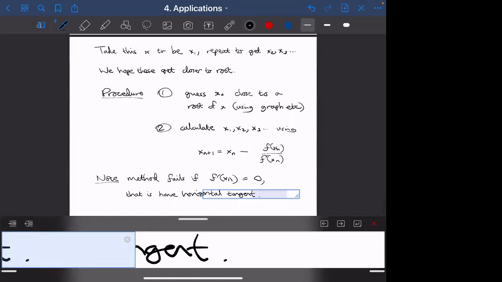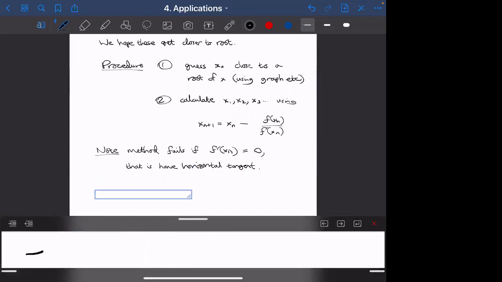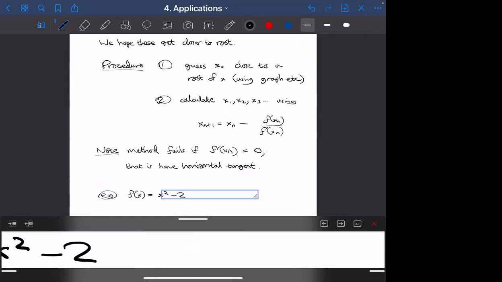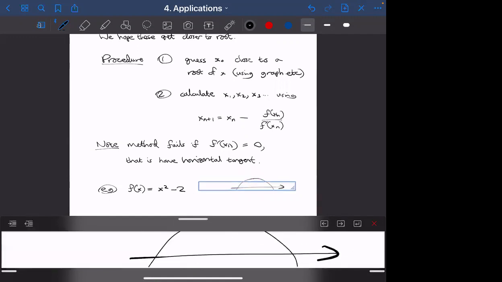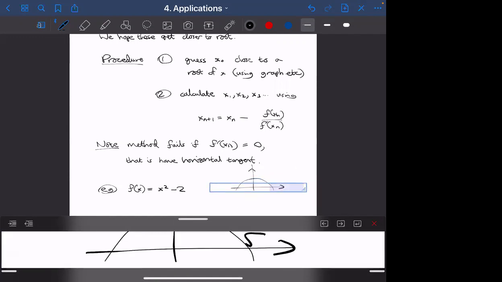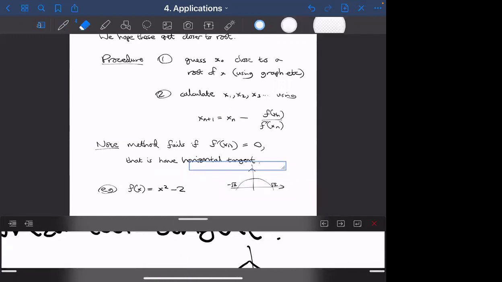So let's give an example. If I have f(x) is x squared minus 2, we know that this has 2 roots, plus or minus the square root of 2. And we can use this method to calculate them very accurately.